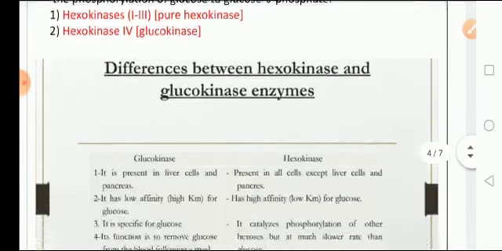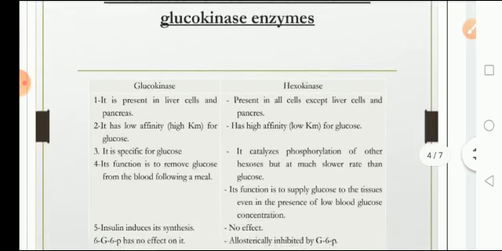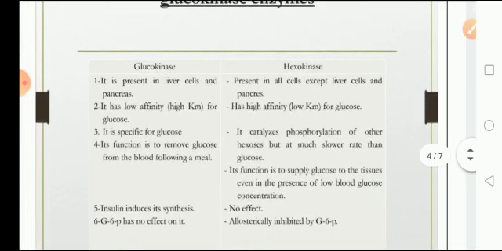Now, the differences between these hexokinases. Hexokinase is present in all cells except liver cells and pancreas, while glucokinase is present in liver cells and pancreas. Hexokinase has a low Km, so it has high affinity for glucose.